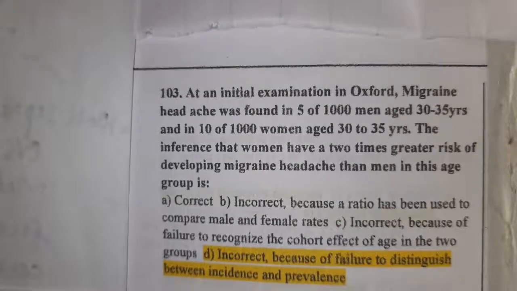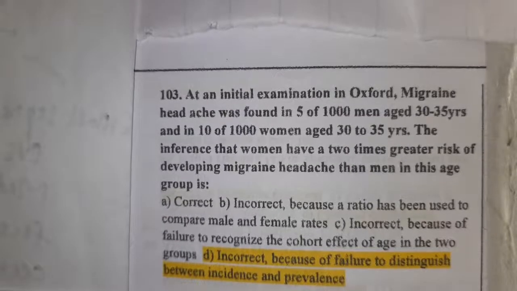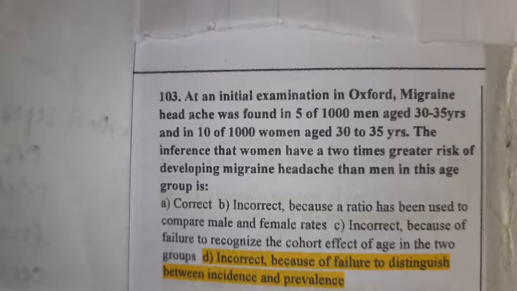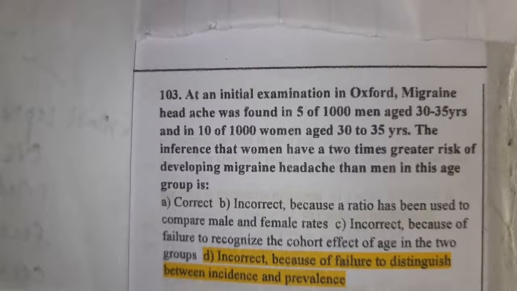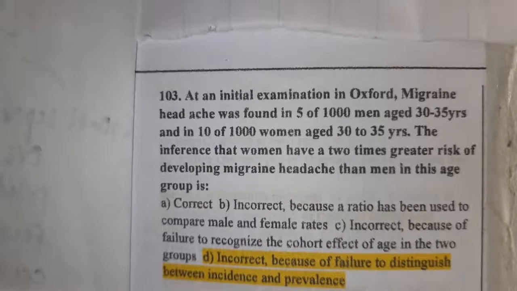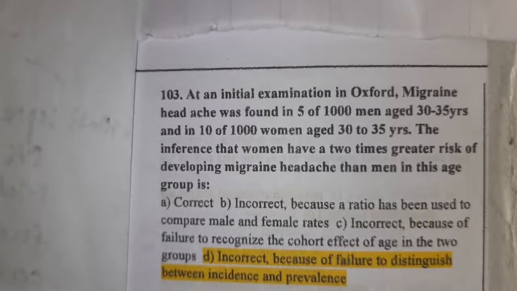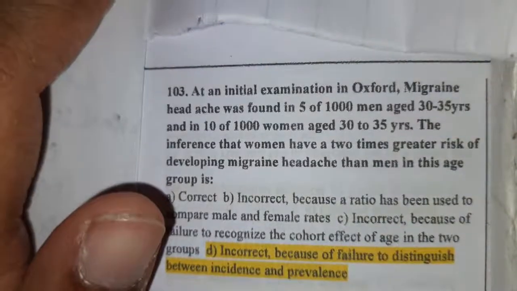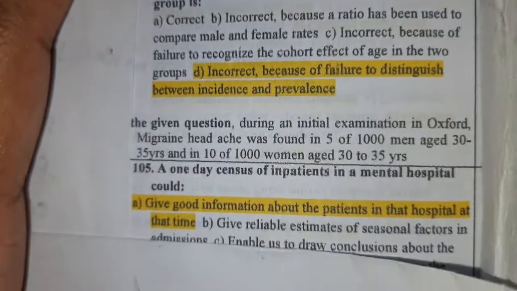That's true. But whether it is incidence or prevalence is not given clearly. So this type of comparison is incorrect, because we should distinguish incidence and prevalence, and then compare them. So D is the correct answer.